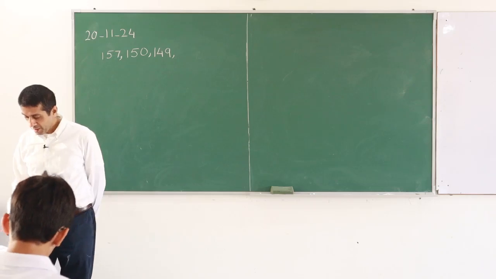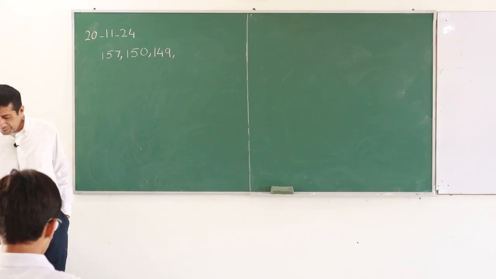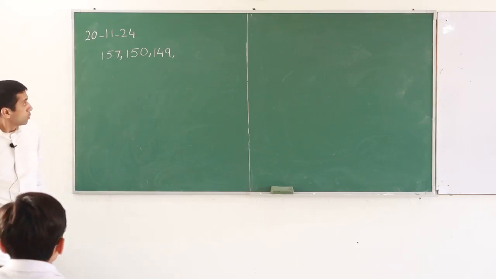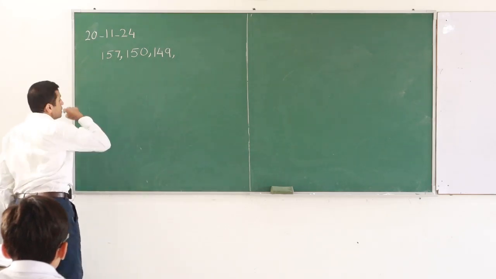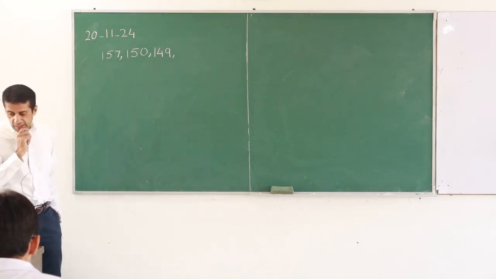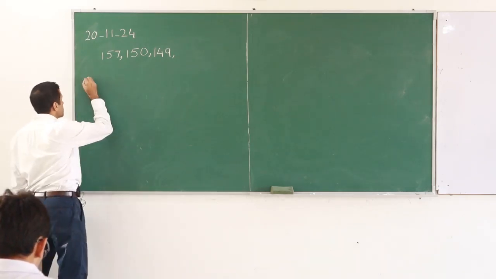Okay, so let's start out with these problems and see what we can do with them. So let's try 149 first. Before we try 149, I want you to talk about 148 first.